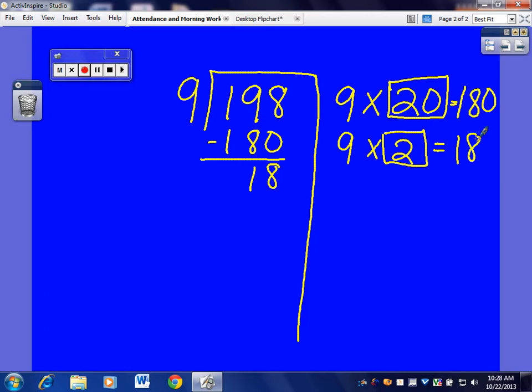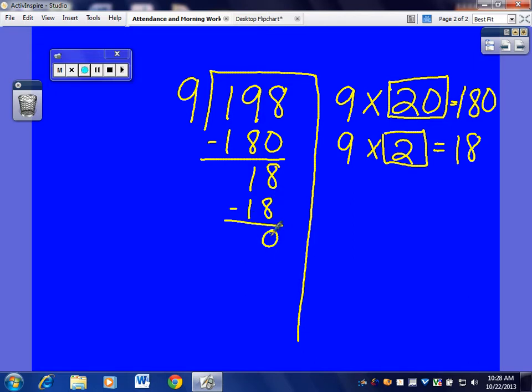Not quite yet, we're almost there. Remember, we have to keep repeat subtracting until we get a 0 or a smaller number than 9 at the bottom. We put the 18 under the 18. We subtract it, and what do we get?